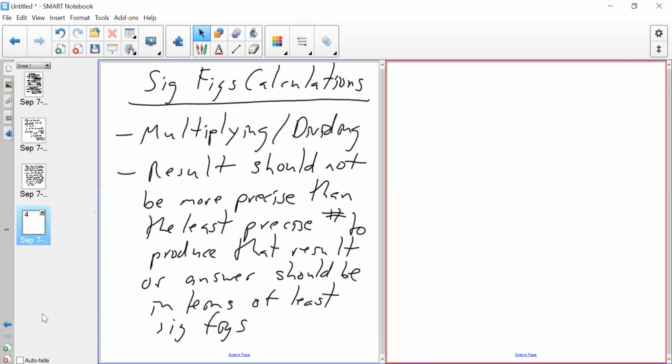For example, 75 times 22, the answer should be in terms of 2 sig figs. Calculate that.